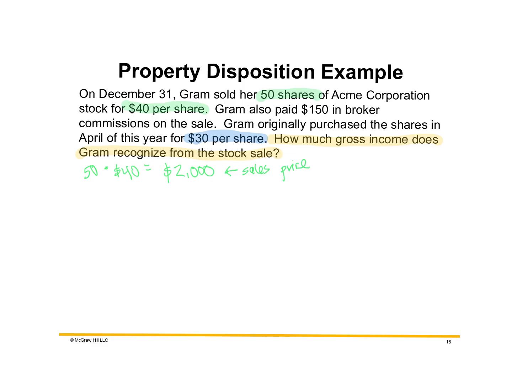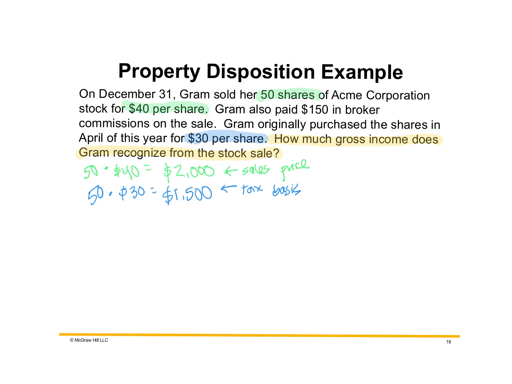Then in blue, so we have 50 shares times $30 per share. And then that gets us $1,500. And then this number is our tax basis.